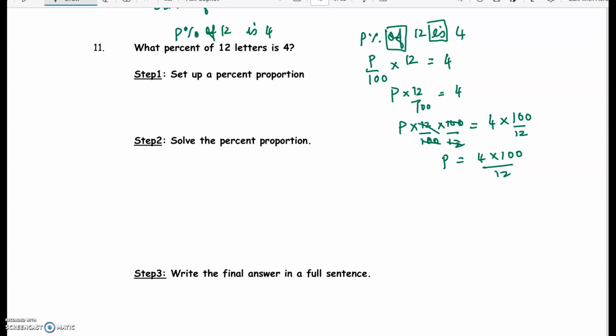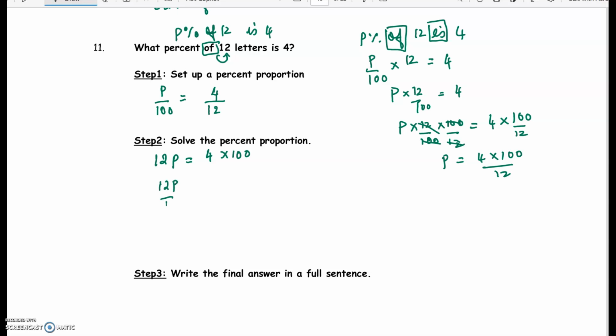How do we set up a percent proportion? The percent is always on the left. P over 100 is what percent of? What follows is the base, the total or the whole. And that is a 4. We can cross multiply to get 12p equals 4 times 100.